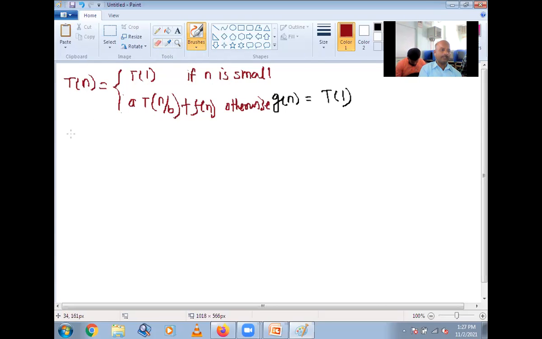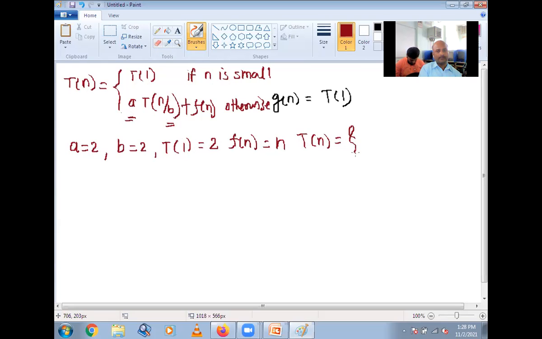Suppose you are given in the statement that a and b are known constants, a is equal to 2, b is equal to 2, T of 1 is given as 2, and f of n is equal to n. You have to find T of n. So here f of n is given, and the values of a and b are given.